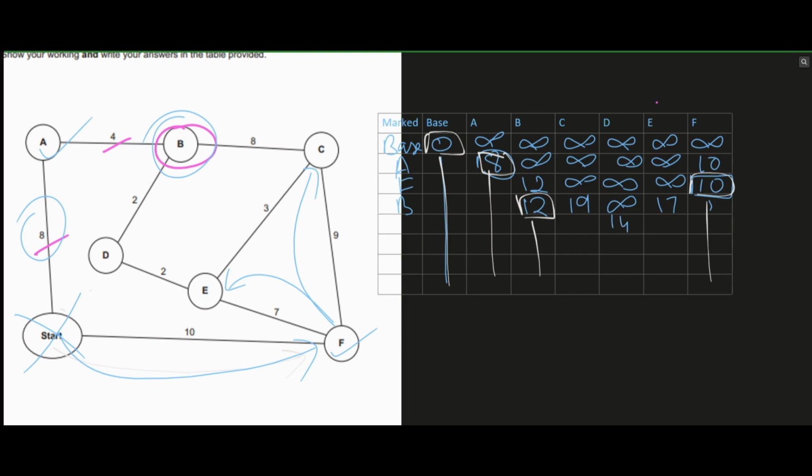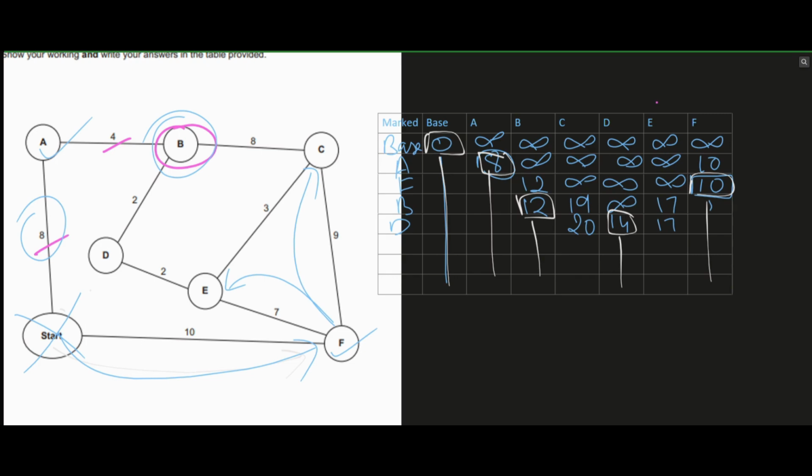Now B to C, so 8 plus 12, which is 20. We also have 17. What is the smallest one? It is 14. So I can write D as marked.